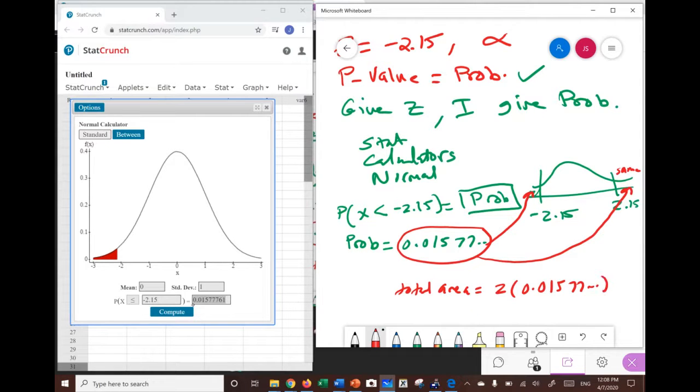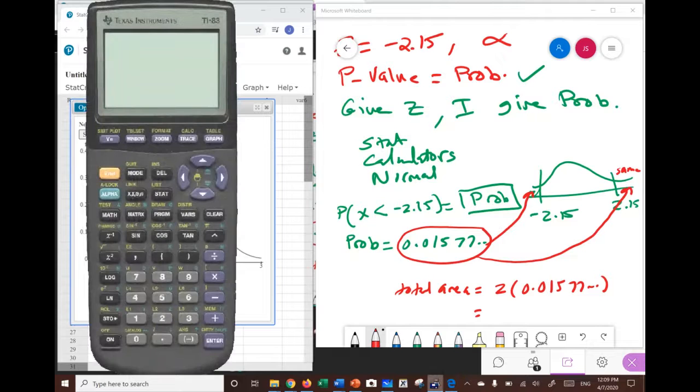Here is my calculator. If I multiply 2 times 0.01577, that's going to give me 0.03154. That is the area.